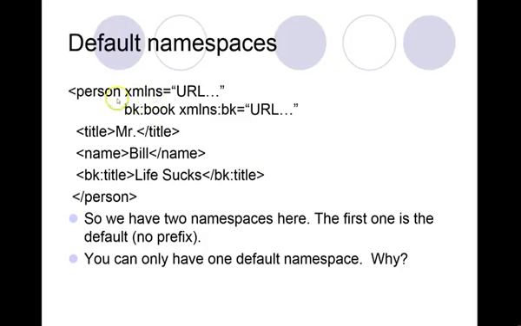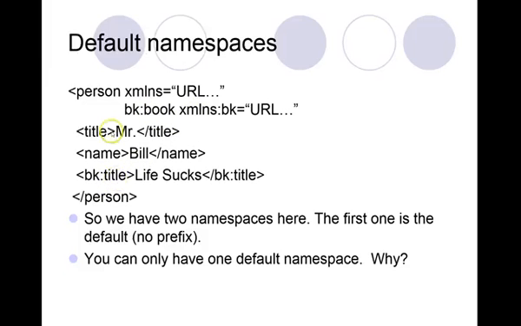So here, the person doesn't have any prefix, which means that's the default namespace. So now when I have title without a prefix, that means it's in the person namespace. And the only time I use the prefix is when I want to disambiguate. So I've created a prefix for book, which you can kind of think of as the secondary namespace.